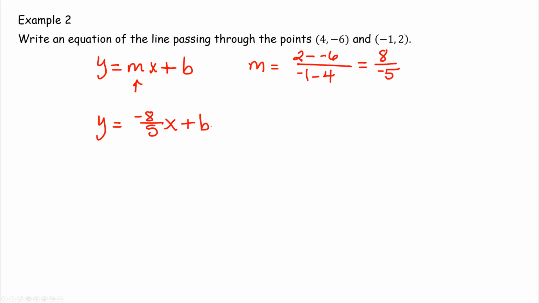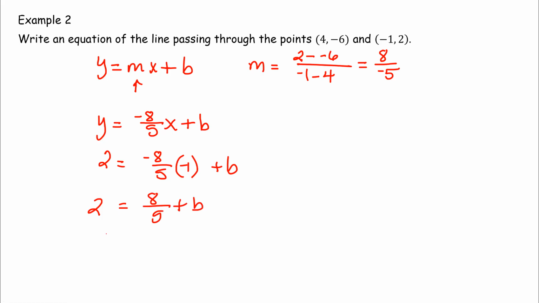And now to find b, we can just plug in one of the points that we have. I'm going to use the second point because it's got smaller numbers and it just looks easier. So I'll put in 2 for y and then negative 8/5, and for x, I'll put negative 1. And there's b. So I'm going to solve for b. So that'll be 2 equals 8/5 plus b.